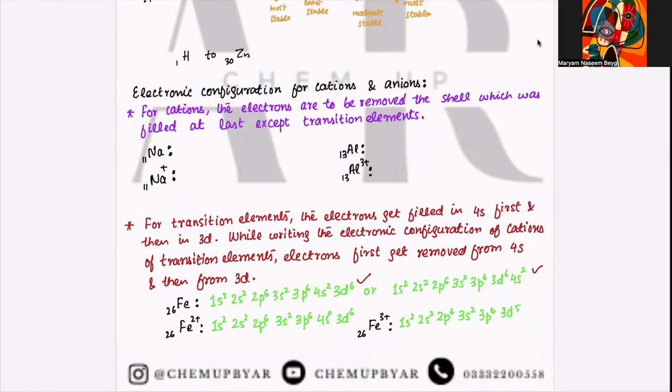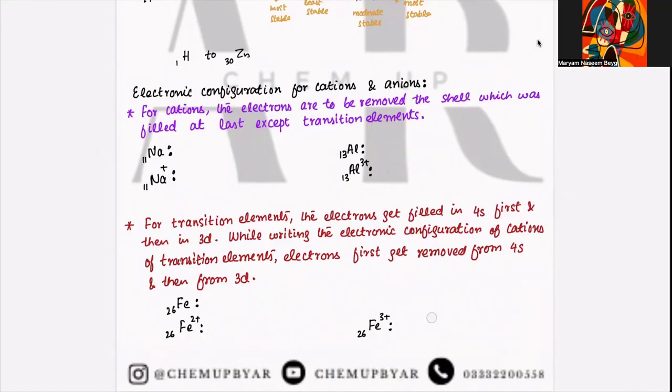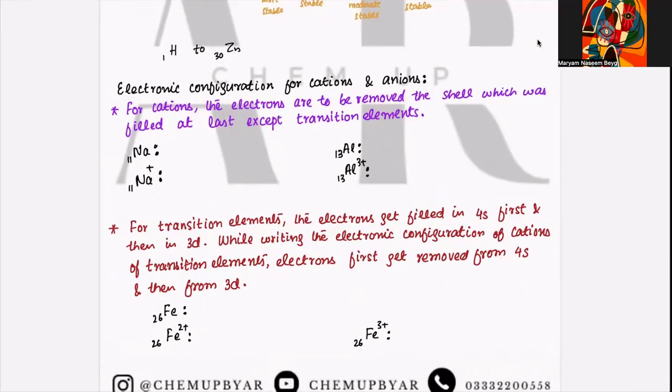That's what we do. The next thing, there is a little complication or little change when you are writing the electronic configuration for the cations of transition elements. Okay, so let's discuss over here.